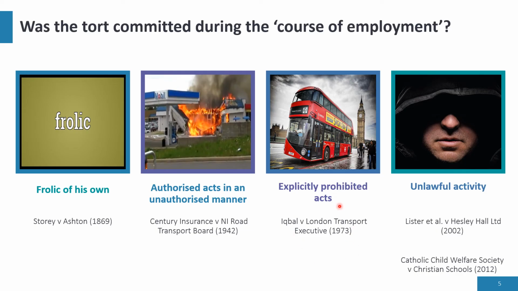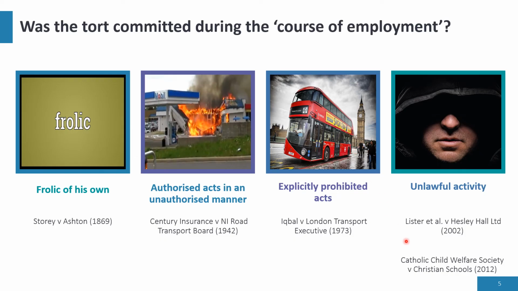However, it gets a bit complicated when we get into unlawful activity, because we've got these cases where employees were doing unlawful acts that were clearly not wanted by the employer, like in the case of Iqbal. However, nonetheless, vicarious liability was found.